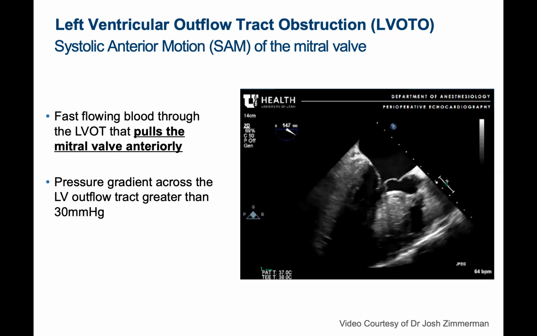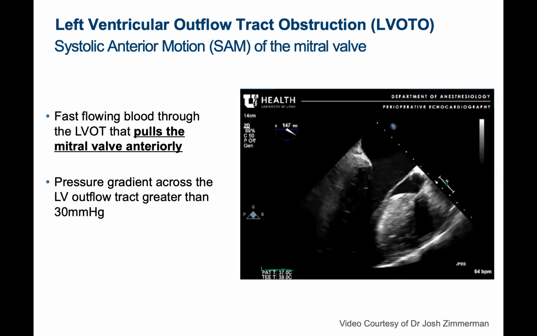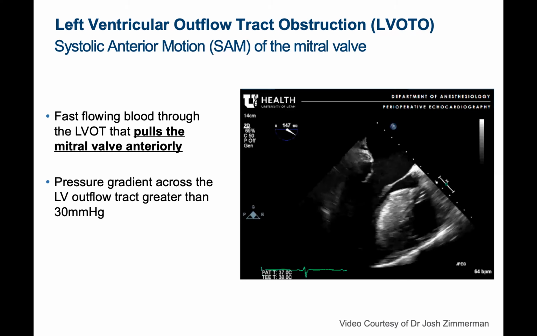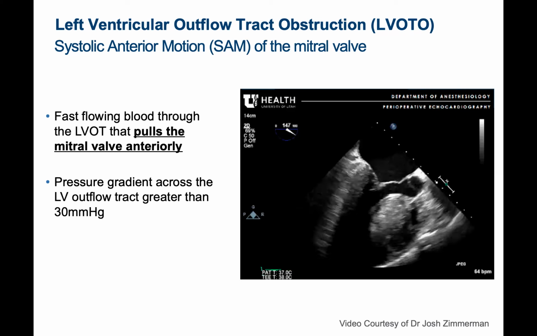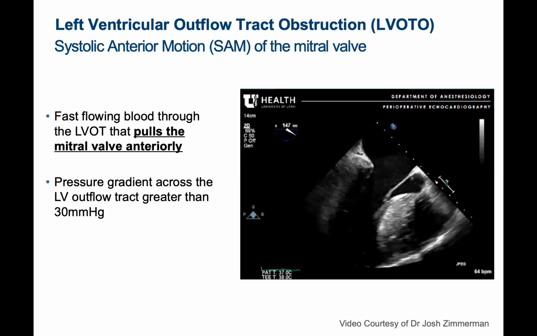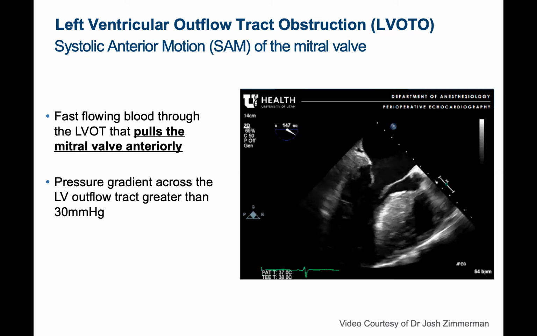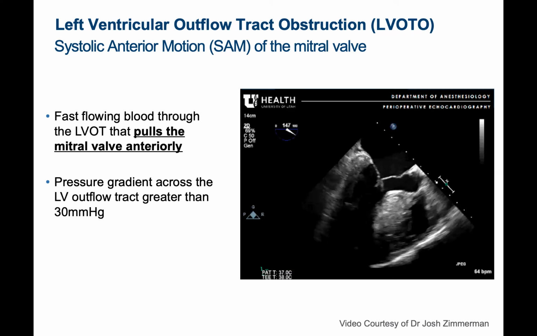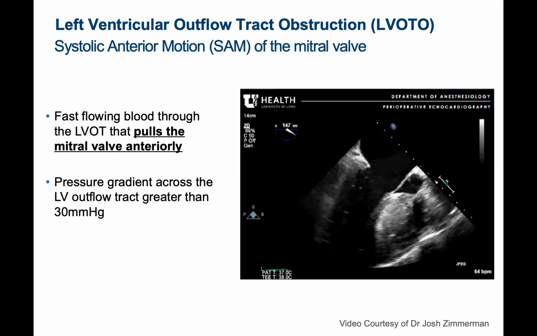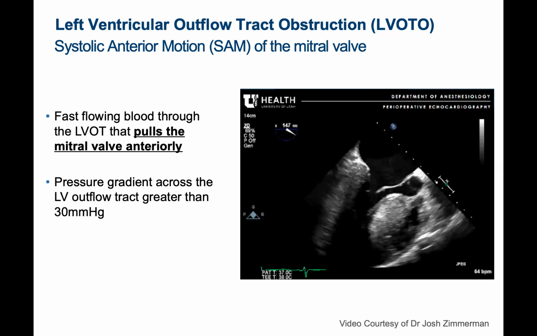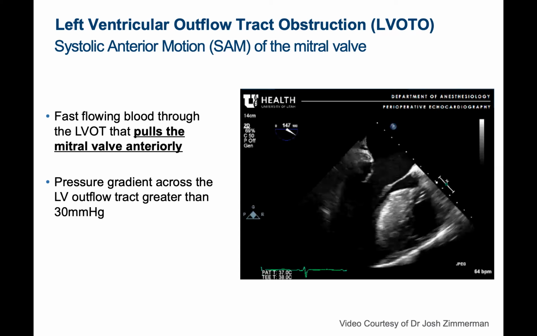That makes your LVOT smaller. So when that LVOT is smaller, again, blood is going to flow through quicker. And when it does, that quick flowing of blood through the LVOT kind of sucks in that anterior leaflet of the mitral valve. So basically, fast flowing blood through the LVOT pulls that mitral valve anteriorly. So if you just remember that as the principle, anything that can cause that blood to go faster through the LVOT puts you at risk for an LVOT obstruction with SAM.